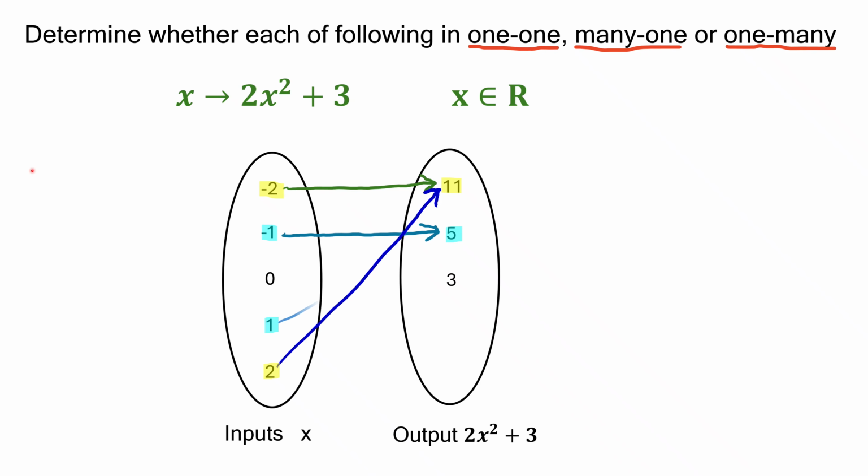So 1 and -1 give us 5. So here, for a single output, there are two inputs. This means many inputs and one output. So this is many-one. Many means many inputs, one means one output.